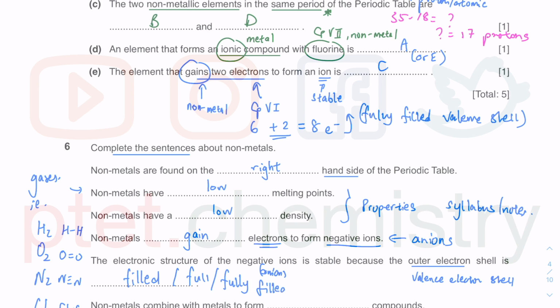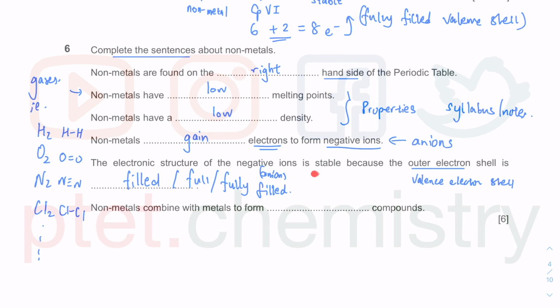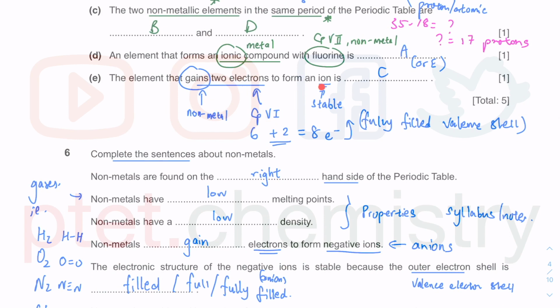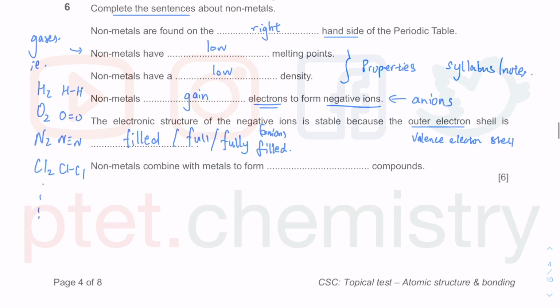They all mean the same thing. If your valence electron shell is fully filled, that means you are forming a stable ion, in this case the negative ion, because you gain however many electrons in order to form a stable ion. On to the last part, nonmetals combined with metals will give you an ionic compound. If you want covalent, you want nonmetals with nonmetals, and they will give you a covalent compound.